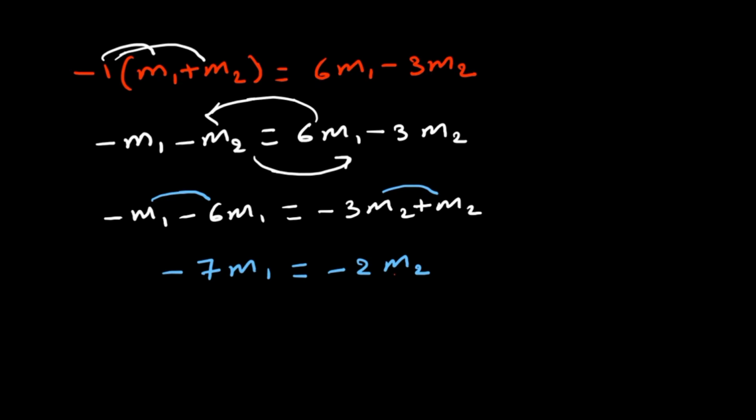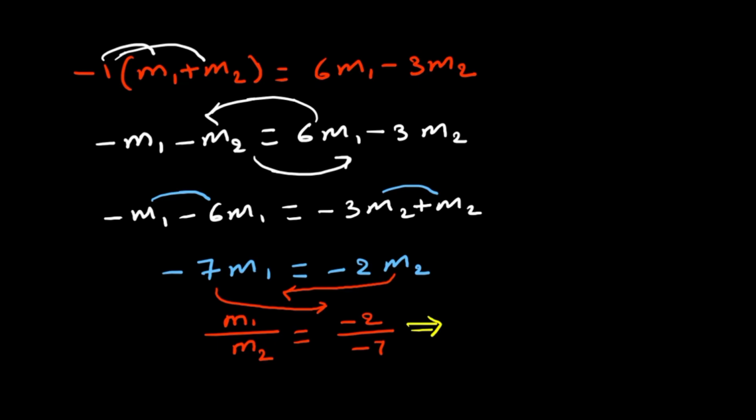We transpose, so it becomes m1 divided by m2, and transposing -7 we have -2 divided by -7. Cancelling the minus signs, m1 is to m2 is 2 by 7, that is 2 is to 7.